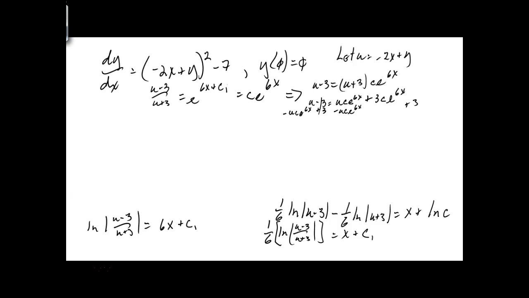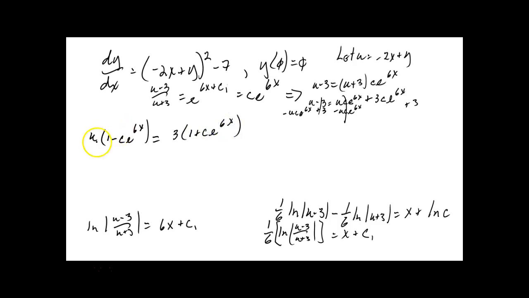This just takes way too much time to get it into the form they like. Okay, so what we have on this side, the 3's went out, and we have a u times 1 minus c e to the 6x is equal to, and over here, these went out, and you have 3 times 1 plus c e to the 6x.